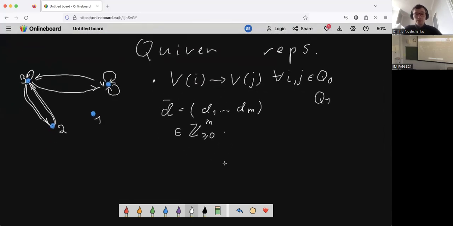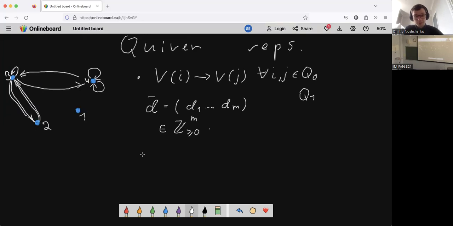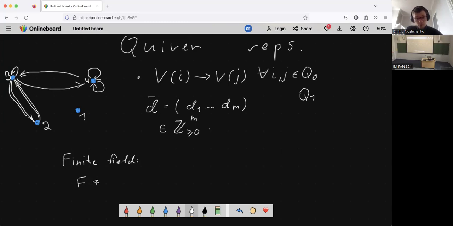Now we want to make some specialization. Namely, we do not want these vector spaces to be arbitrary. So far we only consider that they are finite dimensional, but now let's make the simplest case possible. Let's just make a representation over a finite field. So we consider a finite field F, fixed as F_q.